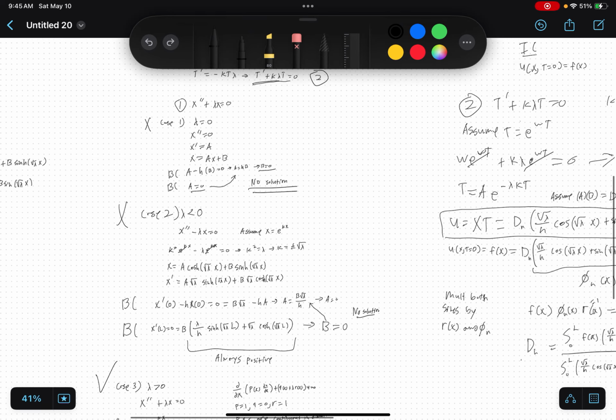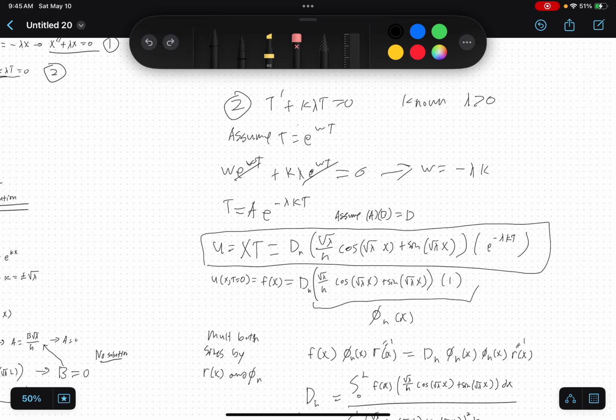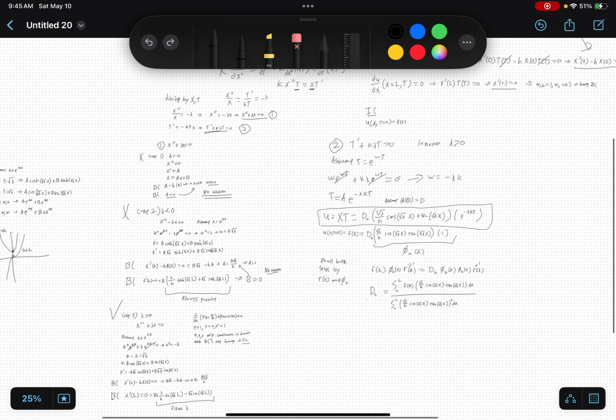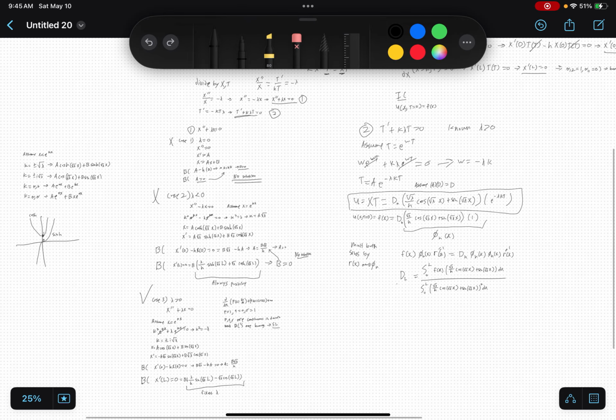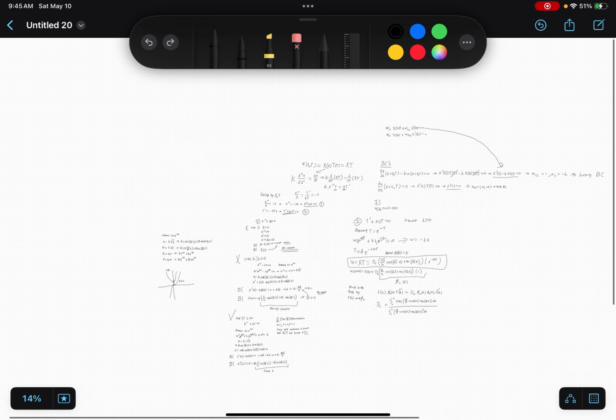And then once you know what the sign on lambda is, you solve the second one, and you use this nasty summation to solve for the constants. Cool. All right. I think that is it.